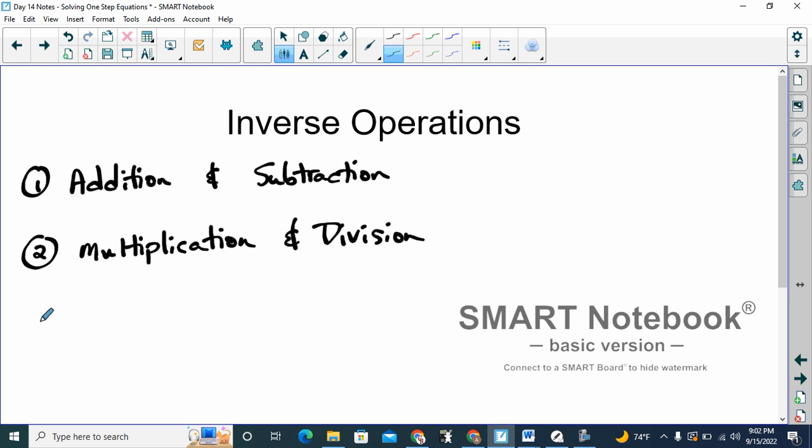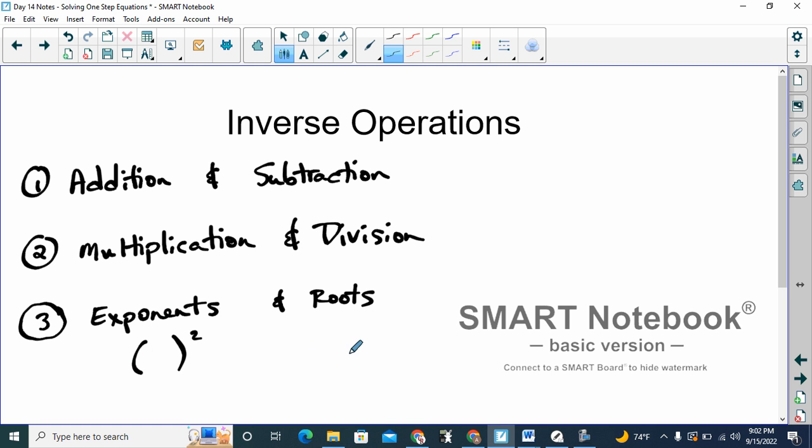Another one we've talked about in this course, and you should be familiar with, are exponents and roots. So an example there would be like if I square something and if I square root something, those are inverses of each other.